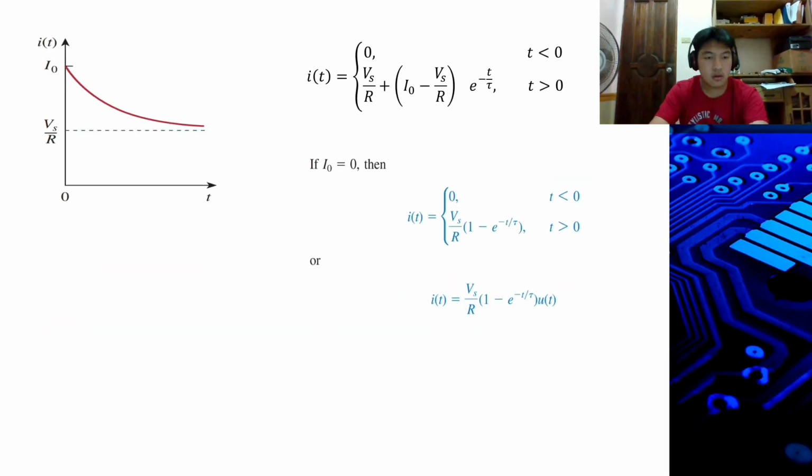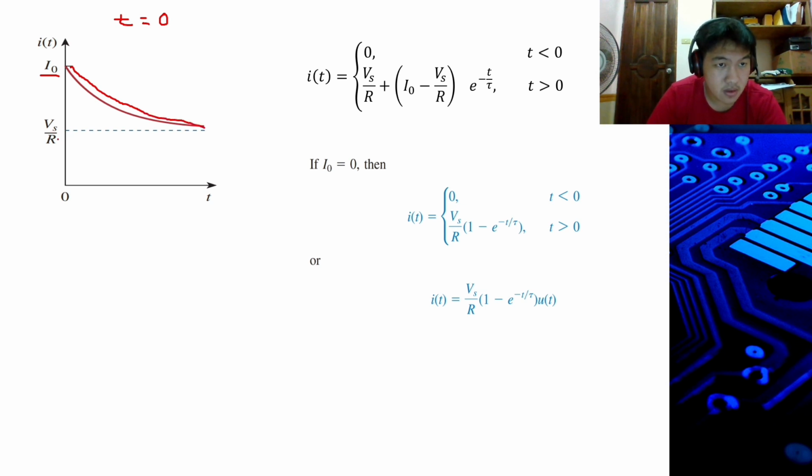Okay, kung ato tong i-graph tong result ganina, can say that at y-axis natay I naught or I of 0 which is initial siya at t is equal to 0, which is exponentially ga decrease siya ayo until Vs over R, which is this one.